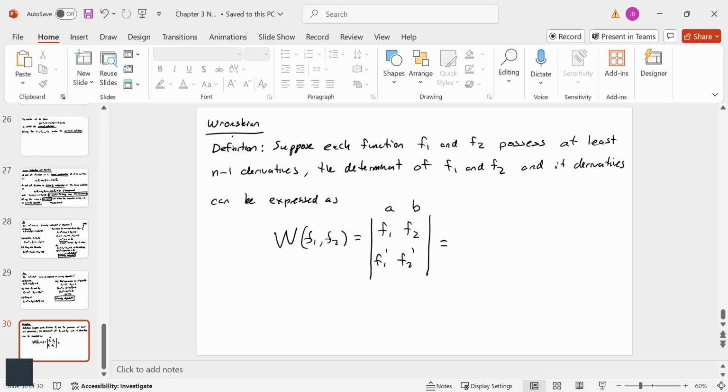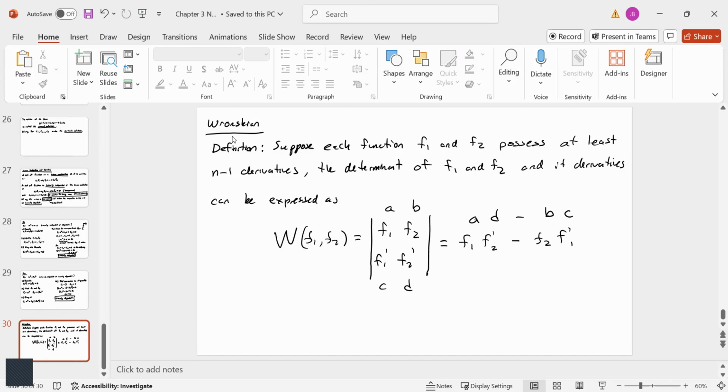The formula of this determinant is going to be AD minus BC, which translates to f1 times f prime 2 minus f2 times f prime 1. You can write it in whatever order you want in terms of the multiplication, but it's the same thing.